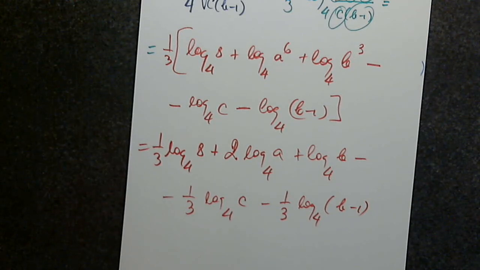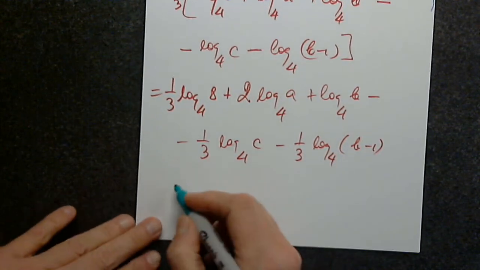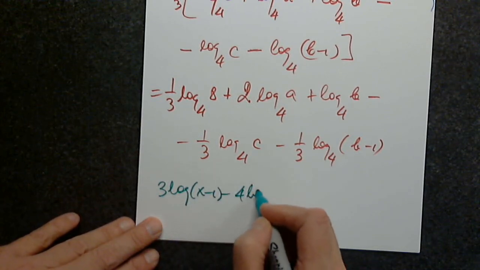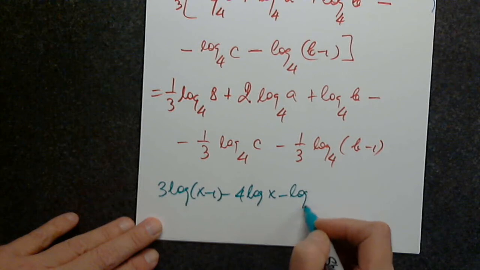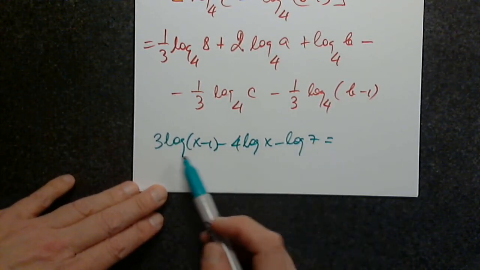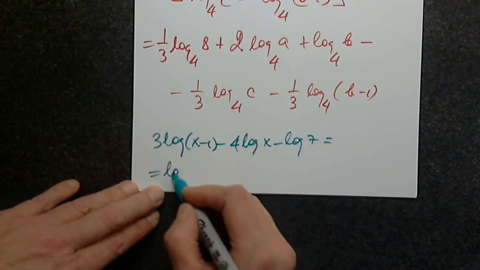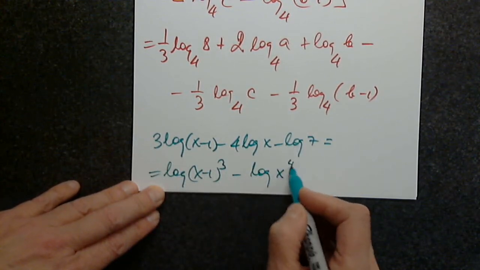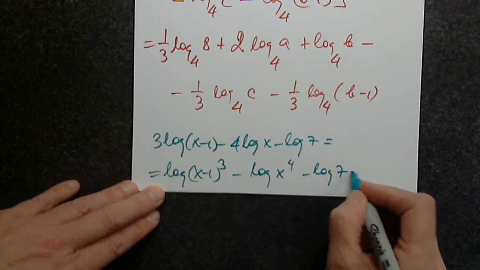Okay, we want to look at number 6. Number 6 is 3 log of x minus 1 minus 4 log x minus log 7. First, of course, we have to remove those powers in front. So this is log of x minus 1 to the 3rd minus log of x to the 4th minus log 7.